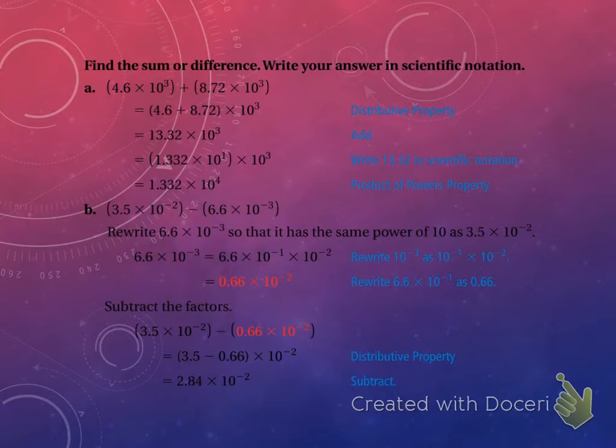Now here we don't have to rewrite it because it is in scientific notation, because there is only one number to the left of the decimal. In standard form, remember, we move our decimal over 2, so we'd actually have 0.0284 if we were to write it in standard form.